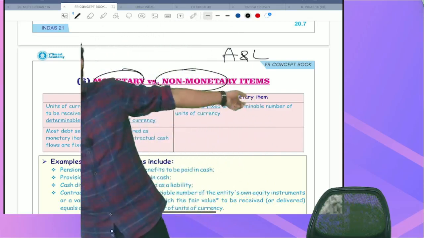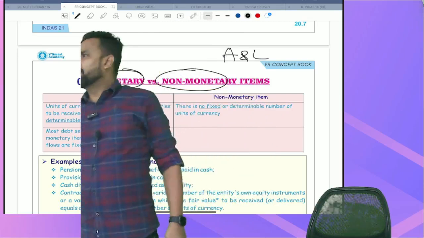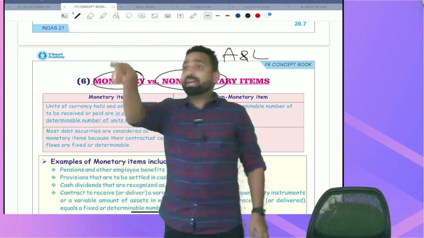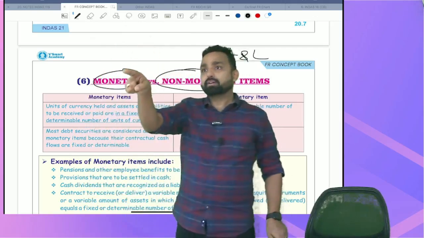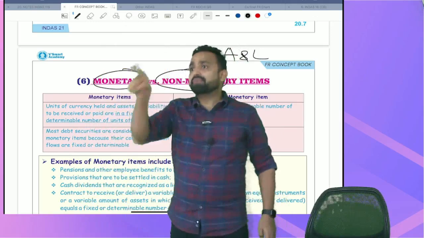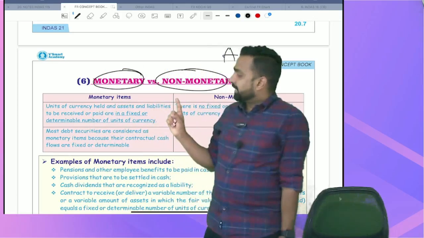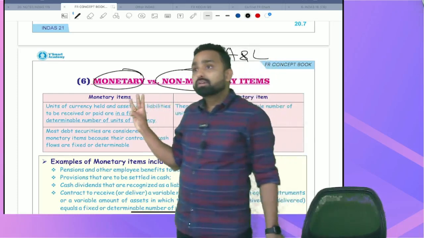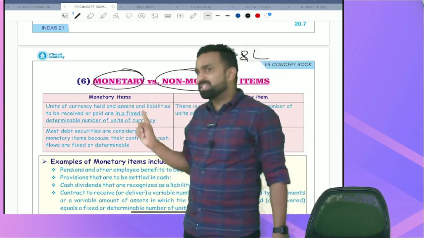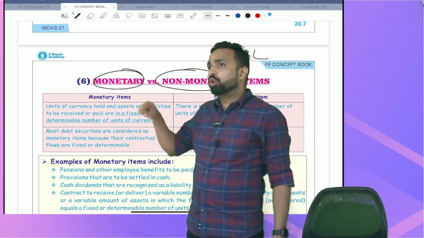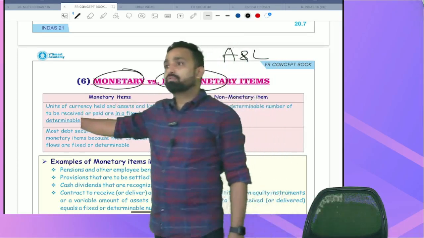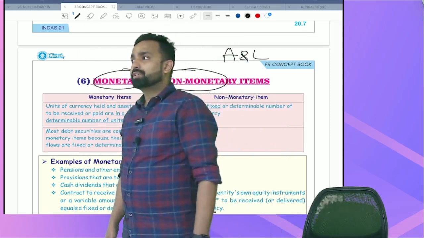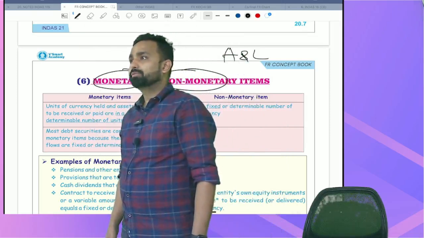Guys, are you understanding or not? So whenever you do the revaluation of FCMI, what is FCMI? Foreign debtor, foreign creditor, foreign loan, these all are FCMI. When you do the revaluation of FCMI, exchange difference will go to P&L, except in one case: cash flow hedge reserve, if you remember.